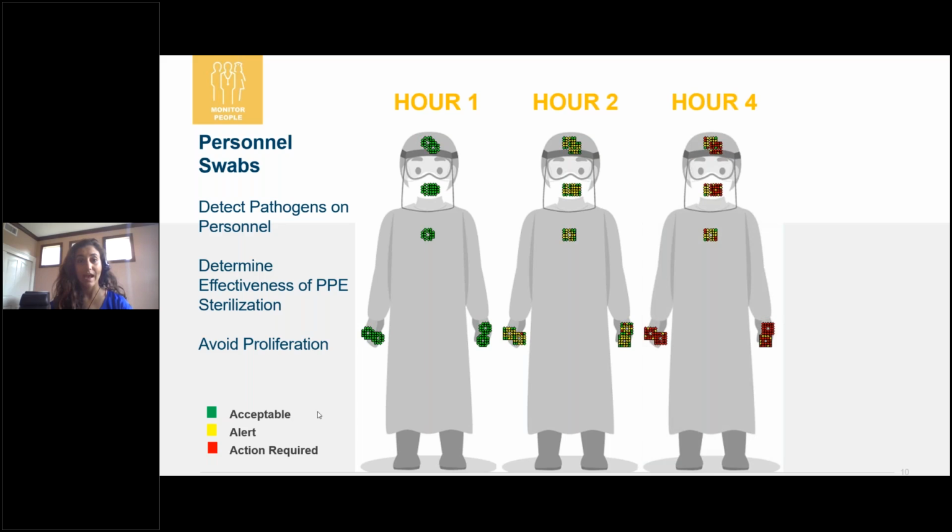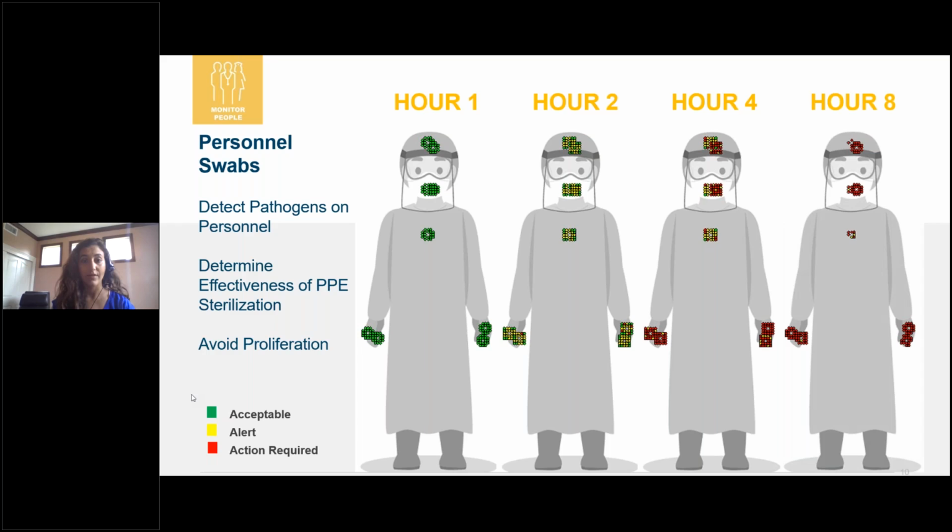So as you can see in hour one, the dots in the sampling that has been done on that person are green and all within limits. Whereas as time goes by, you are seeing alerts and you are seeing actions on that personnel. So you can use graphing of those results to determine effectiveness of cleaning or gowning.